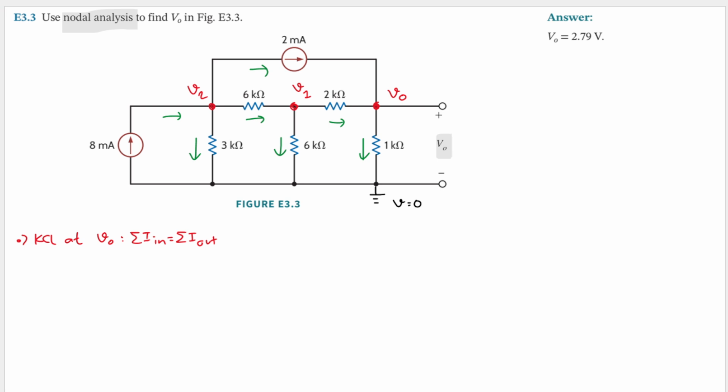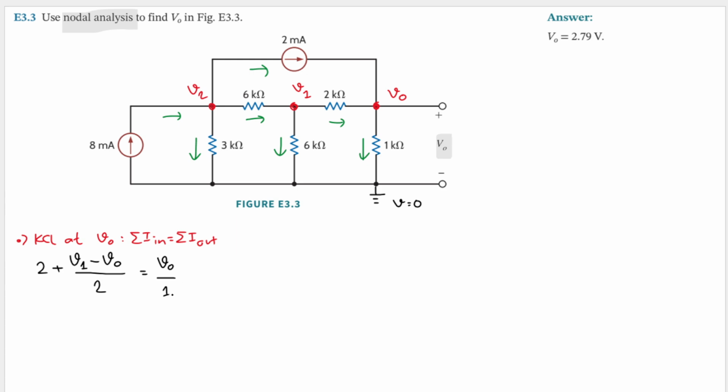This one is 2 milliampere, so we can just write 2 here, and then plus this one here, we will have V1 minus V0 divided by the resistance between them, which is 2. And then that will equal the current that goes out here, which is this 1 kilo ohm. So we will have V0 divided by the resistance between them.